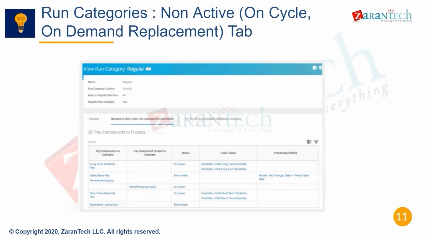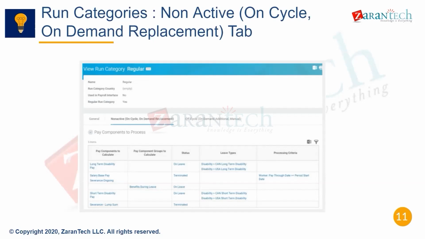So the non-active tab is the place where I define, when my regular salary stops, what earning code will get calculated and processed so that the employee will get some dollar amount on their check. In this screenshot, the first thing is long-term disability. Based on this configuration, we are saying that if the employee is on leave, and what kind of leave?